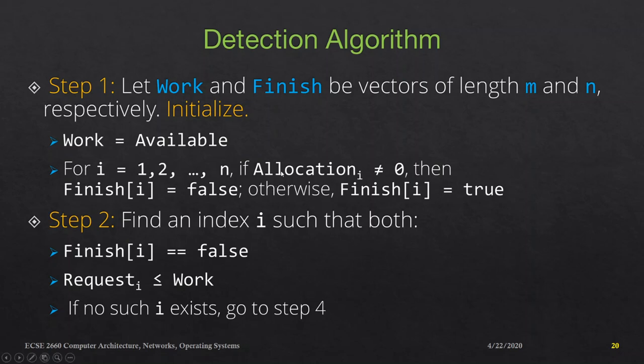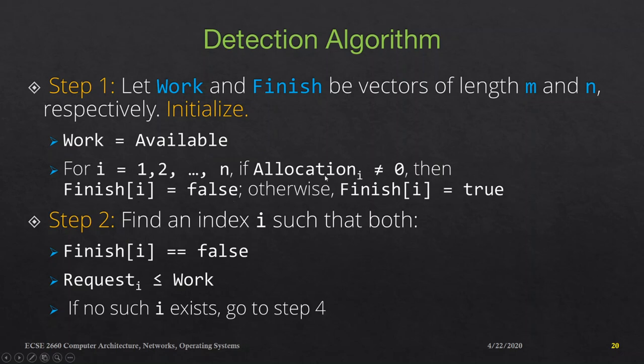when the allocation for that process is not equal to 0. Allocation is what the resources assigned to a particular process are. So if the allocation is non-zero, which means that there are some resources assigned to that process, it has not finished, so I'm going to say that index I of that finish vector is false.